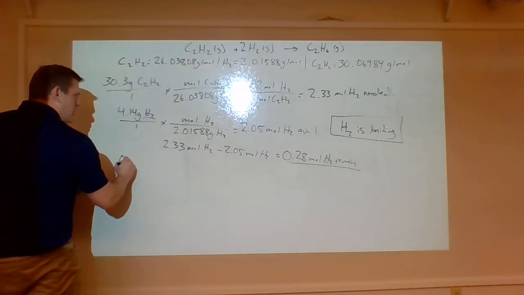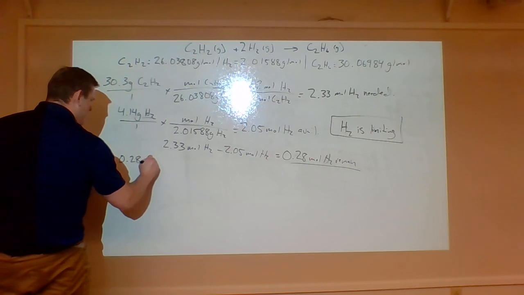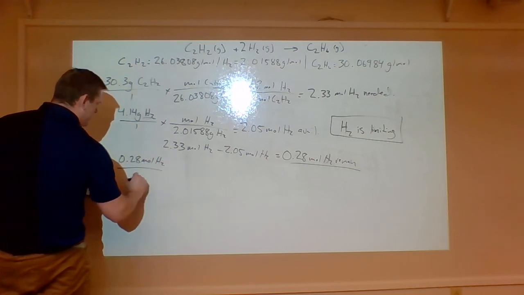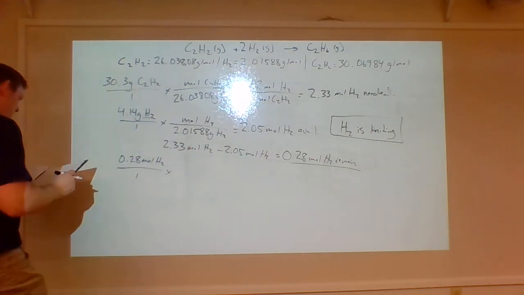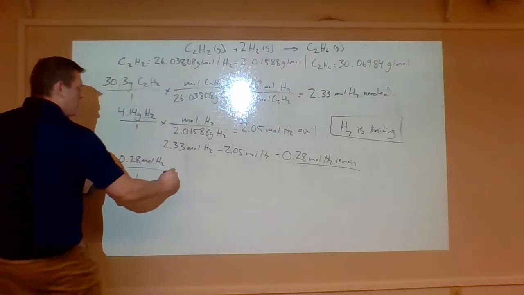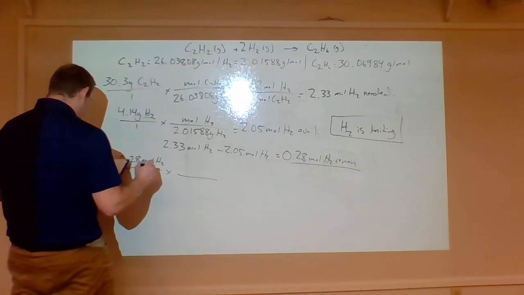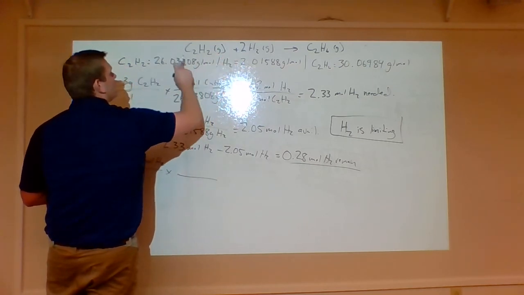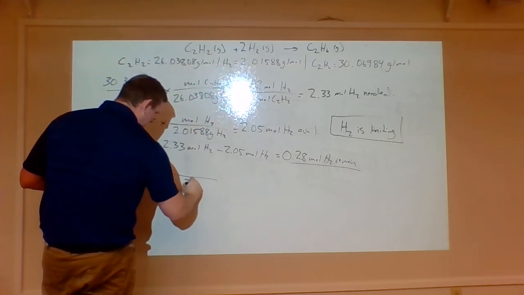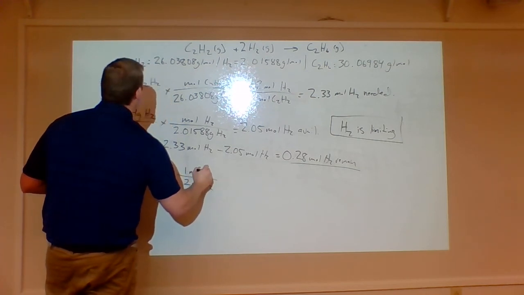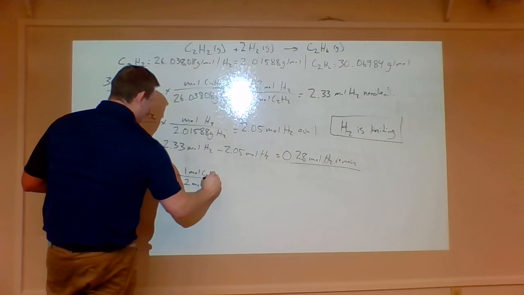All right, so 0.28 moles of H2, that's the amount excess remaining. Use our molar ratio to convert that back to moles of C2H2. So we have 2 moles of H2 for every 1 mole of C2H2.